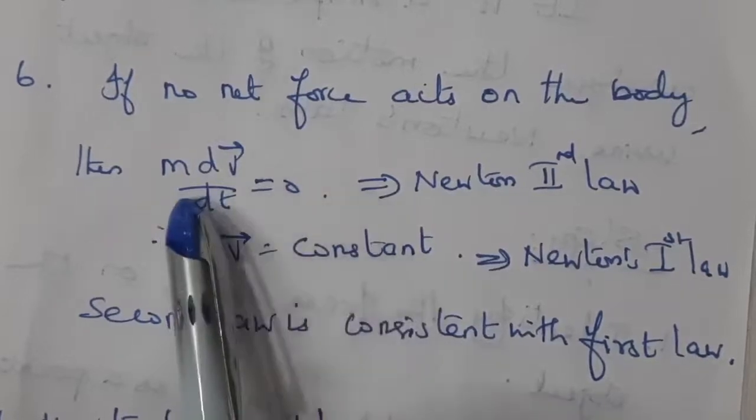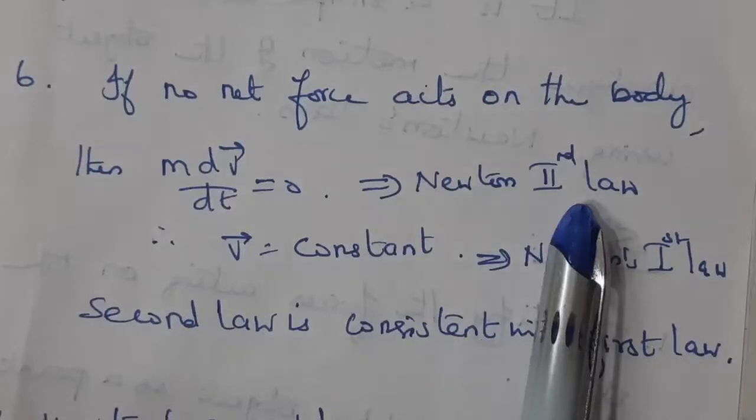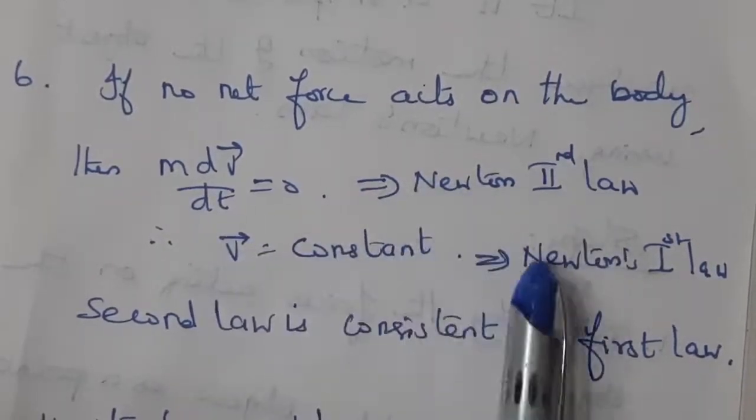Here, m dv vector by dt equal to 0 is Newton's second law, and v vector equal to constant is Newton's first law.